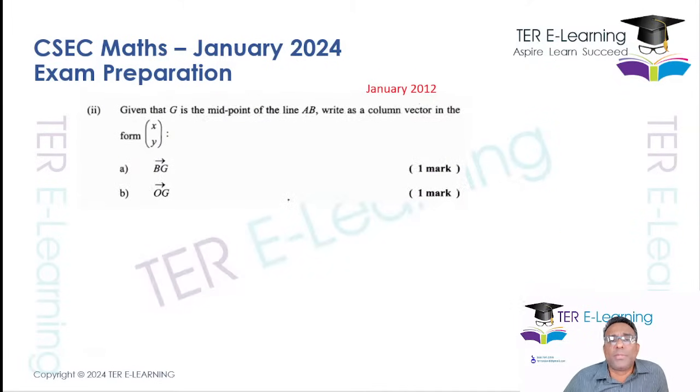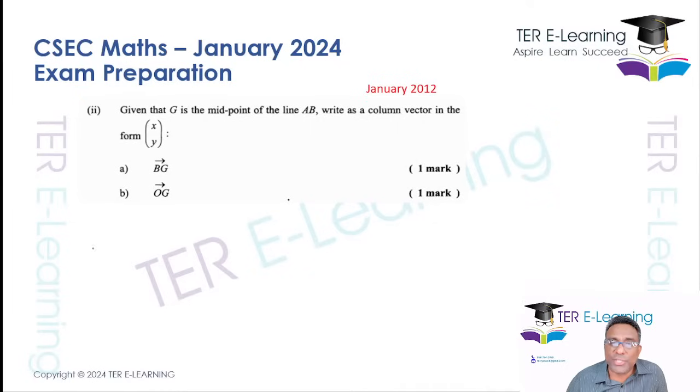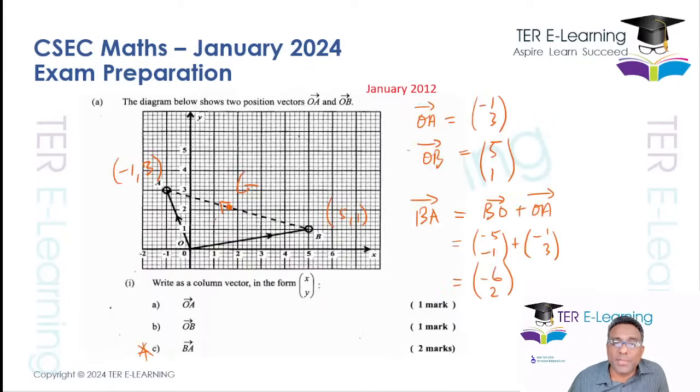What else do we have here now? They said G is the midpoint of AB, right? We don't know where G is, but somewhere here. G is the midpoint of AB, and they want us to work out what is BG. If you go to the diagram, you want this vector here, right?